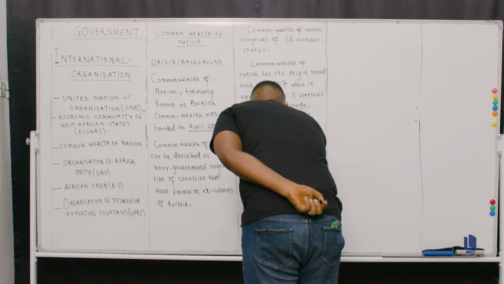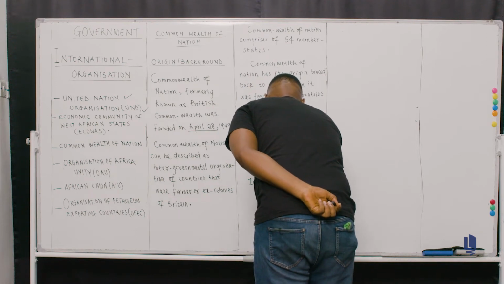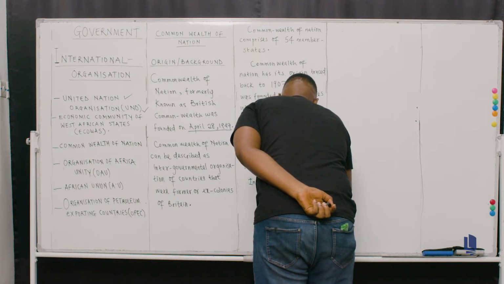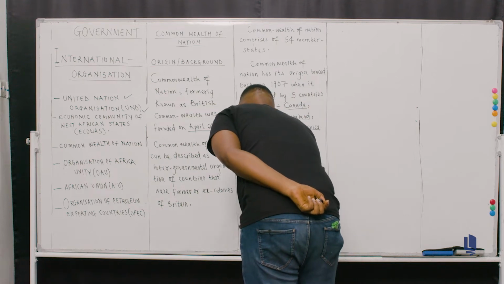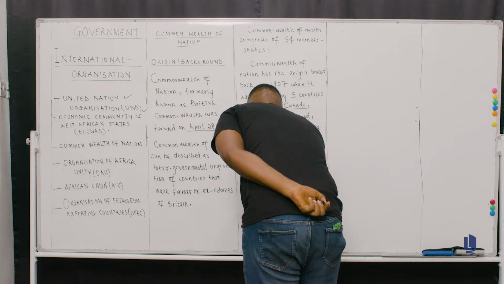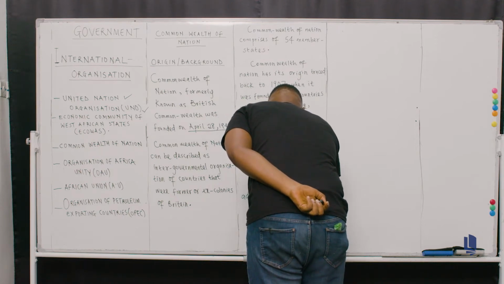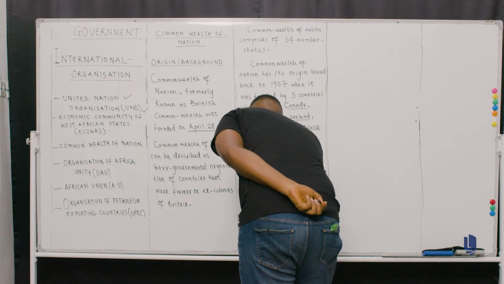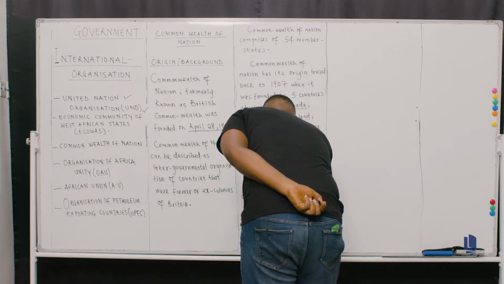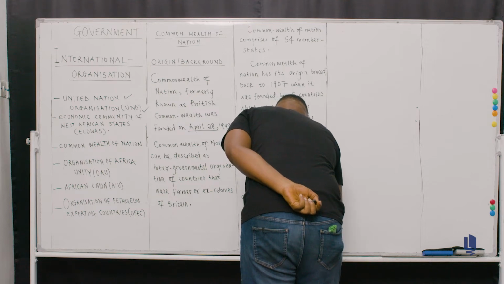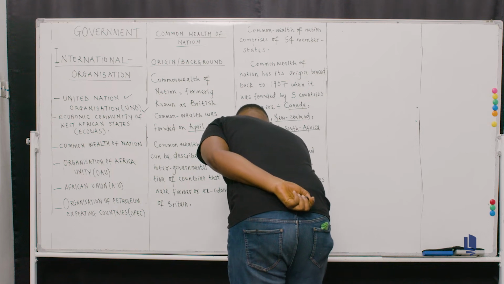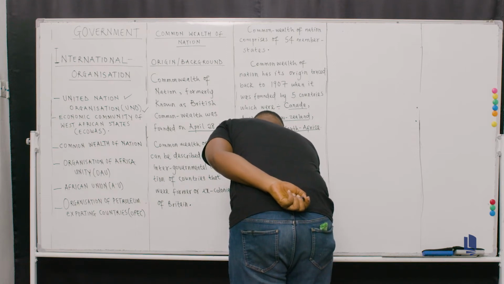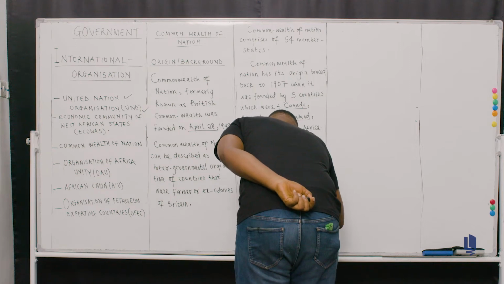In 1931, these countries adopted a new name at the Imperial Conference and were called the Dominions.